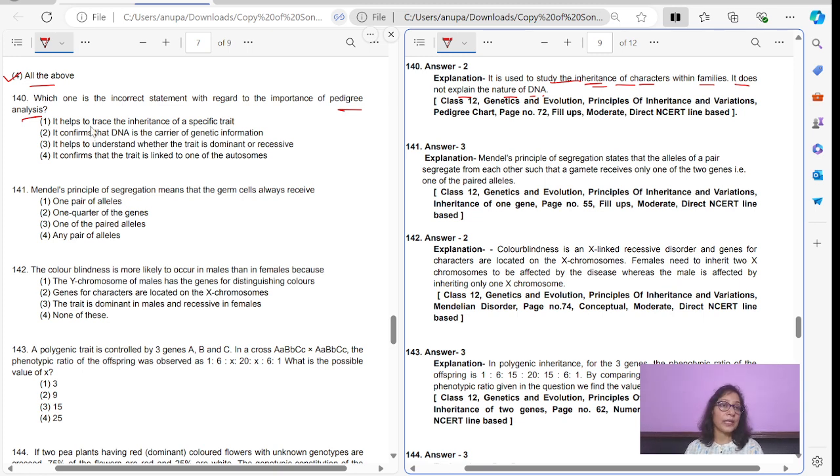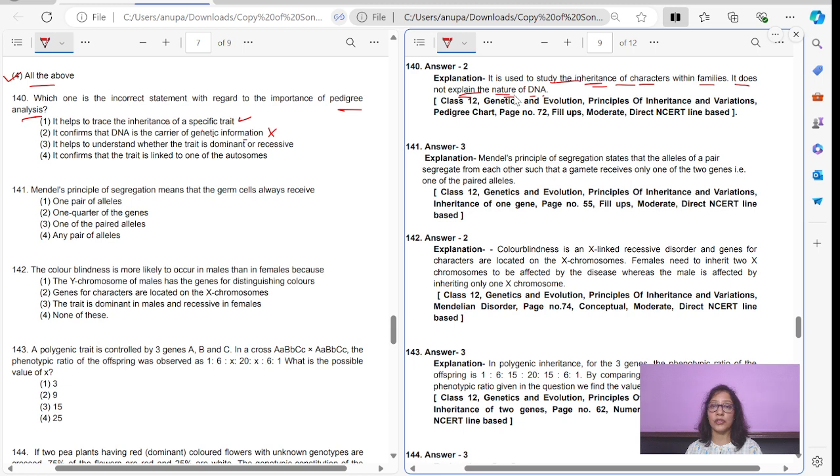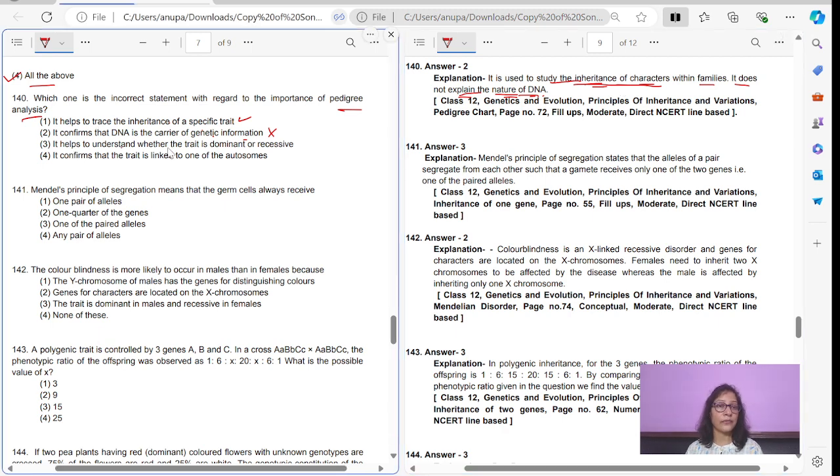The options are: it helps to trace the inheritance of a specific trait. It's right. It confirms that DNA is the carrier of genetic information. This is not right because it does not explain the nature of the DNA. It only explains the inheritance of characters. The third option is it helps to understand whether the trait is dominant or recessive.